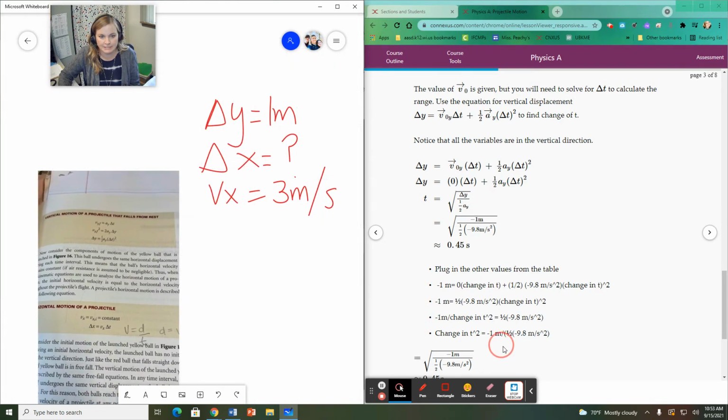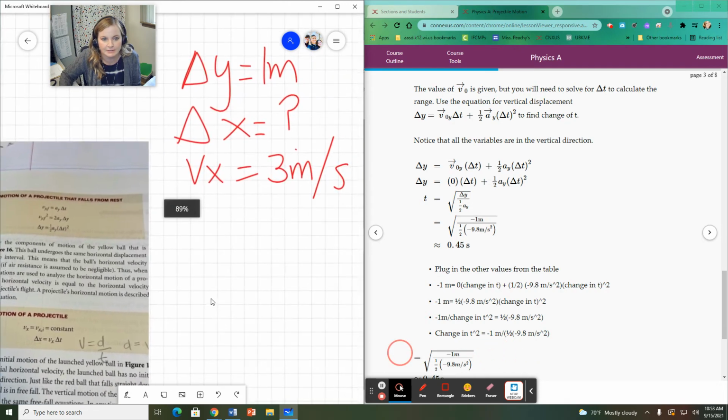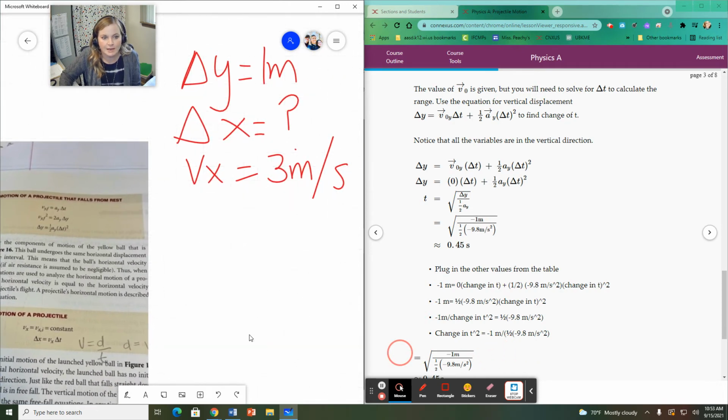So we need to solve for t. Let me just rearrange some things here to solve for t.